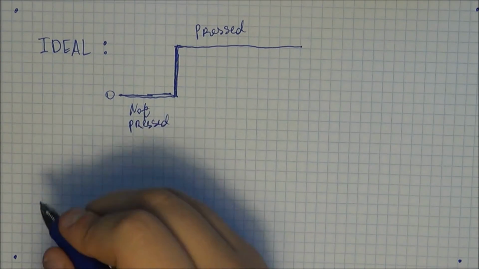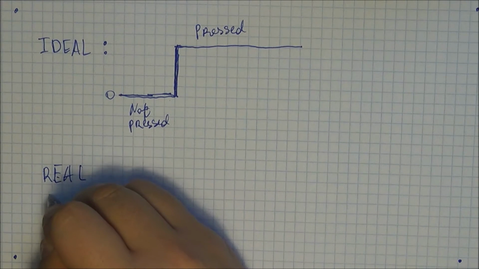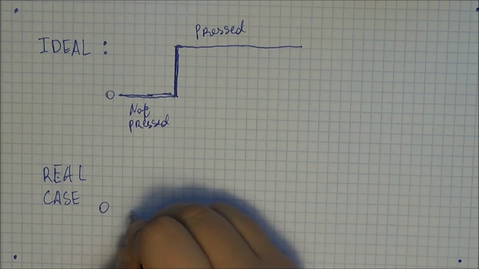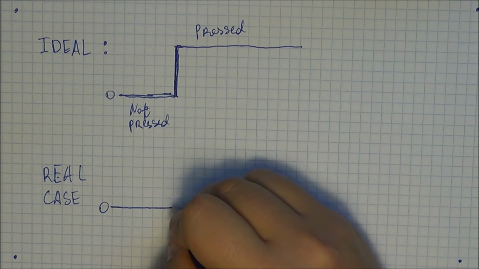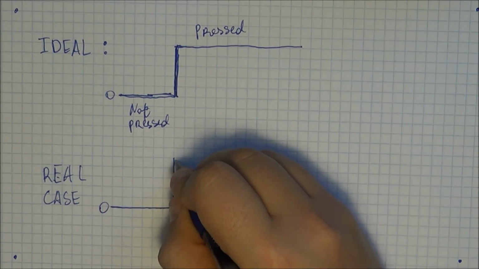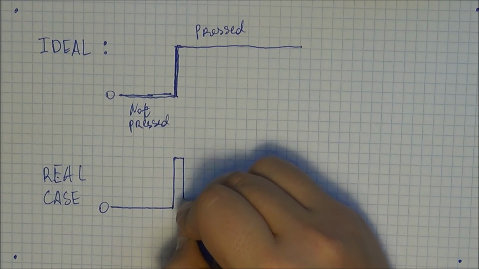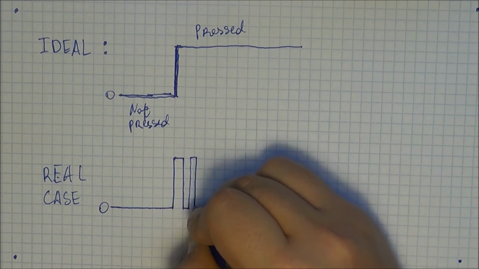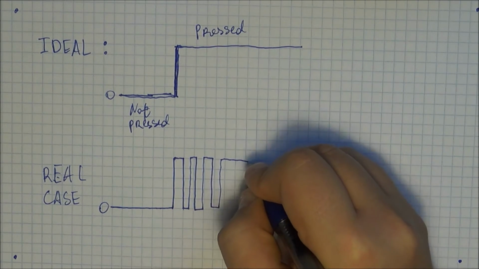In the real world, in the real case, what you should see is this is your 0. As soon as you push the button, your voltage is going to go high. Then because of the bouncing, it's going to go back to low, go back to high, low, high, low.